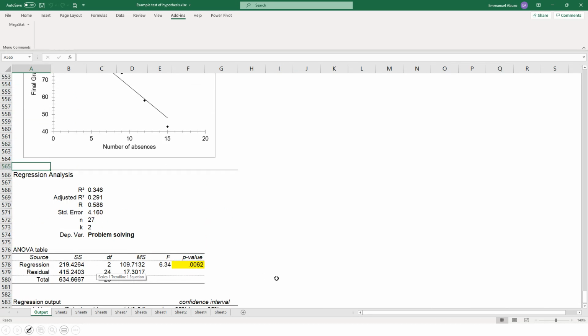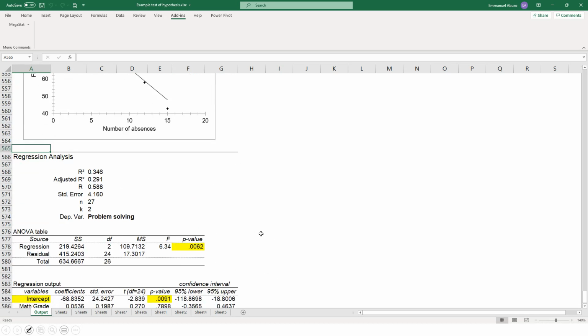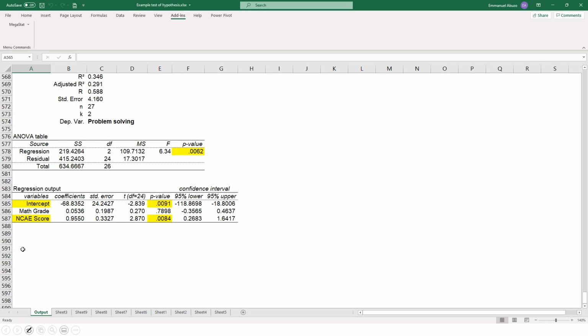Now, by the way, before I forget, the equation of our line here would be y prime equals, our intercept is negative 68.84, plus 0.05 x sub 1, plus 0.956, rounded off, x sub 2.